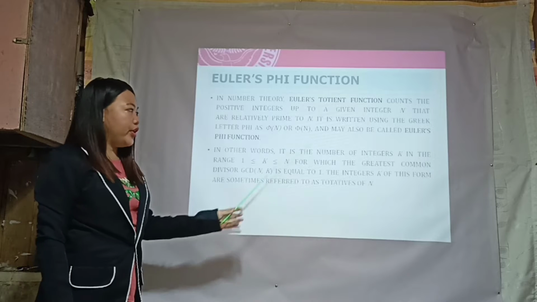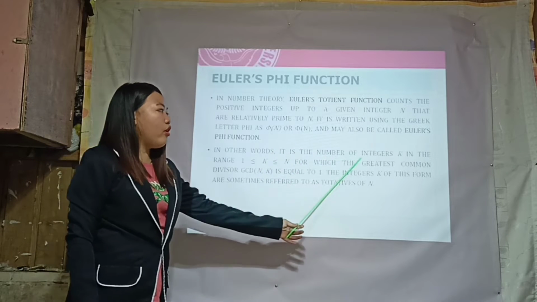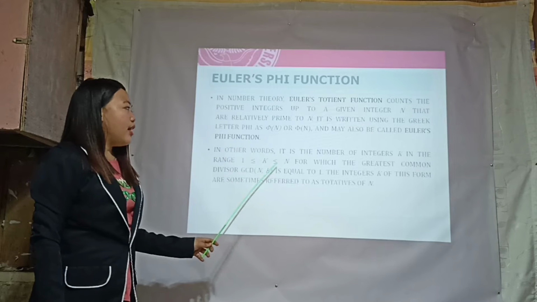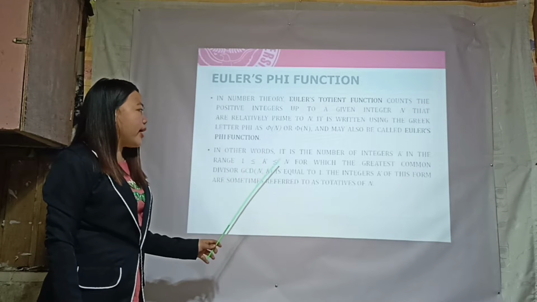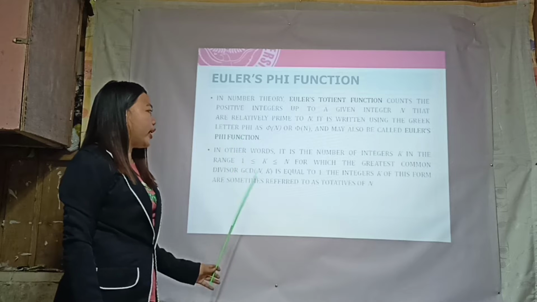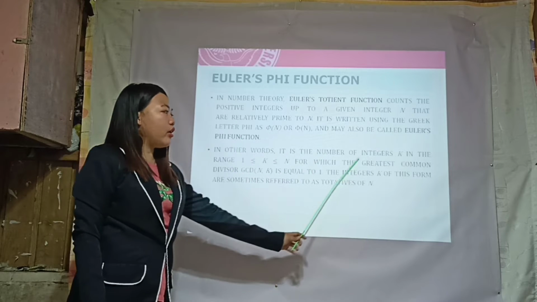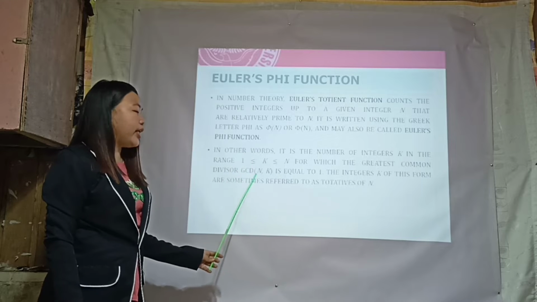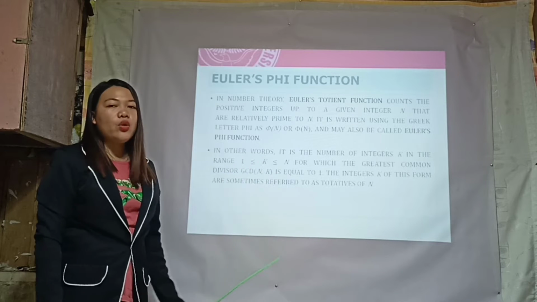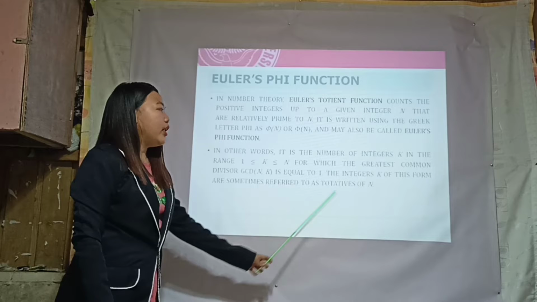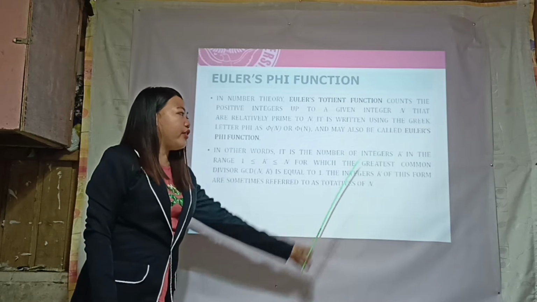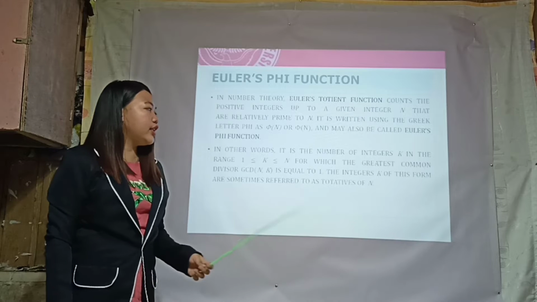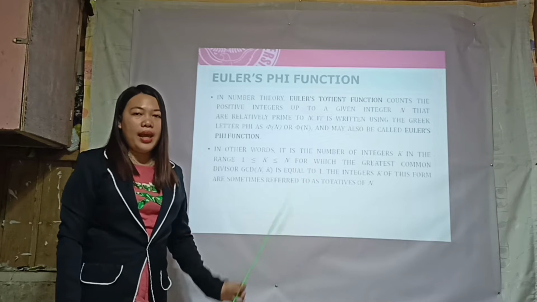In other words, it is the number of integers k in the range 1 less than or equal to k less than or equal to n, for which the greatest common divisor, which is the GCD of n and k, is equal to 1. The integers k of this form are sometimes referred to as totatives of n.